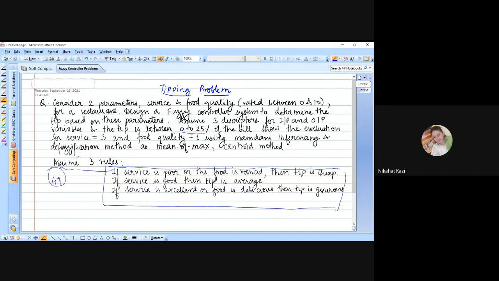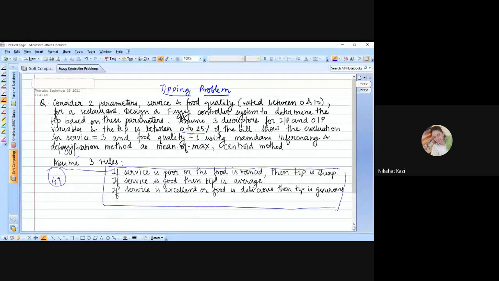Okay, these rules you have to use as part of your rule base, rather than having 9 rules or whatever. You will have these 3 rules which are given, and you'll notice that in 2 of the rules there is the or operator. So you're combining the inputs using or. Either of these two is true, then the tip is either cheap or generous.